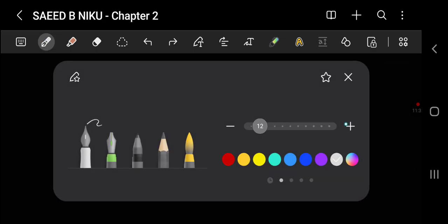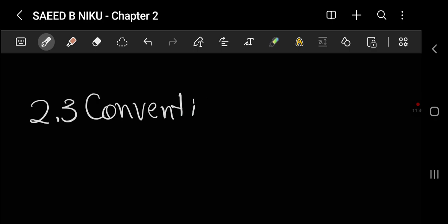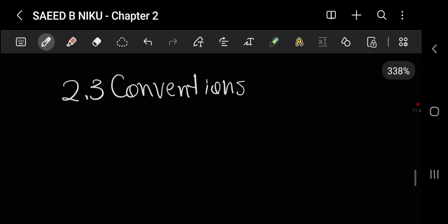We are on the topic 2.3, which is conventions. Let's establish some conventions to start to write points in space and vectors in space.